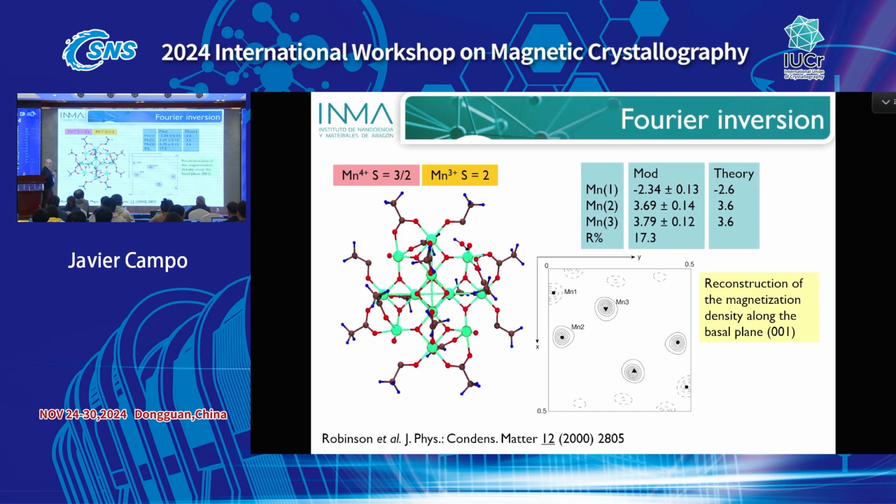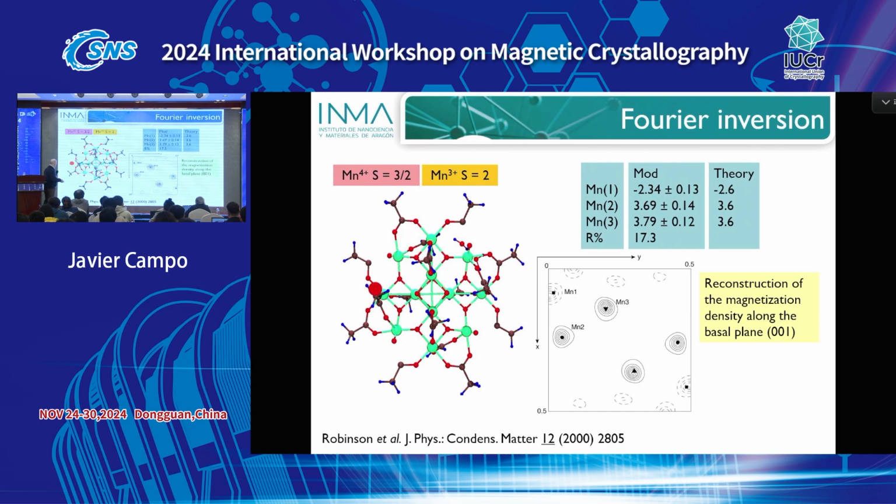This is another example, on my side, in molecular magnetism. Robinson and company, with James Brown, did the spin density maps of this very well-known manganese 12 single molecule magnet, in which we have 3 different manganese, 1 here and 2 there, and these 3 non-equivalent manganese reproduce all the others. With the flipping ratio technique, they determined that the manganese in the inner part, in the tetrahedra here, are coupled antiferromagnetically to the manganese in the outer shell.